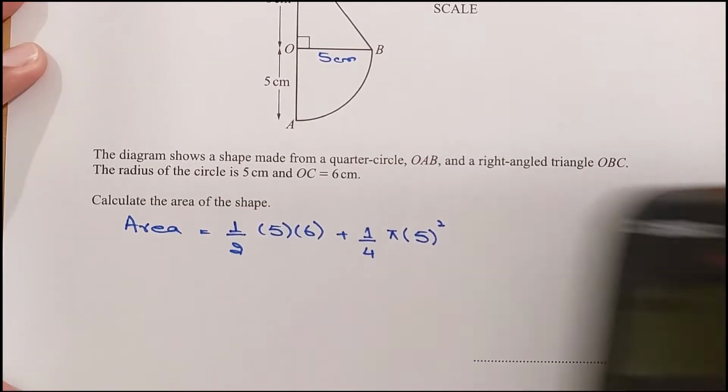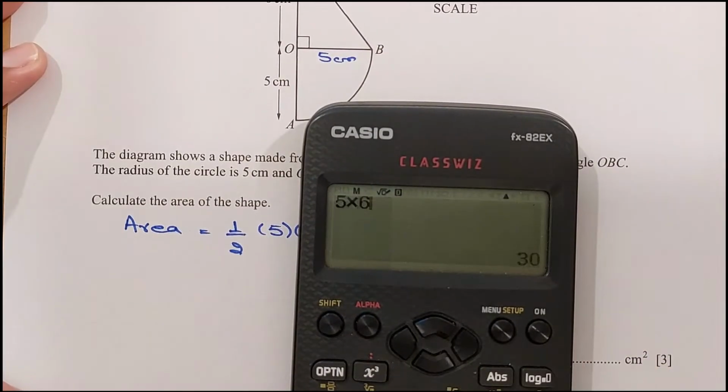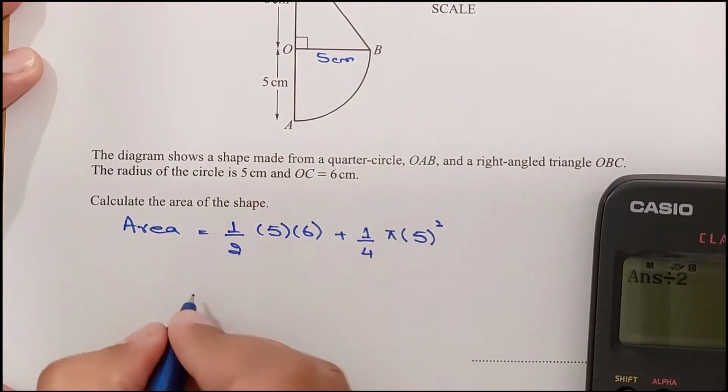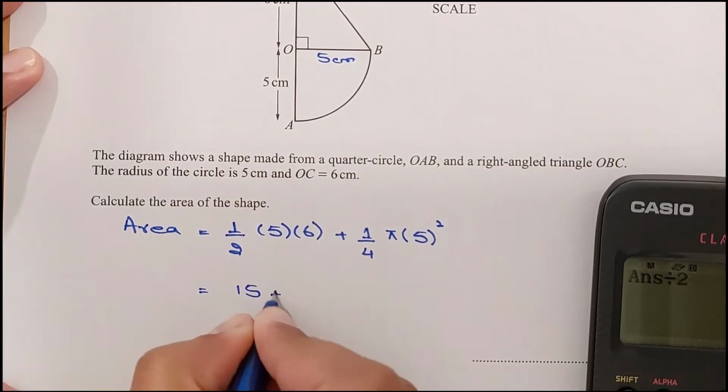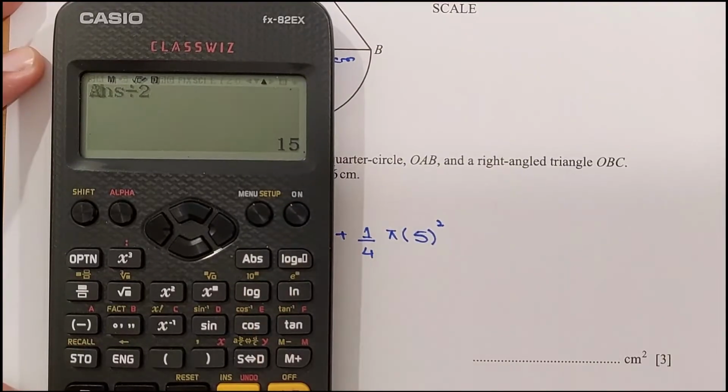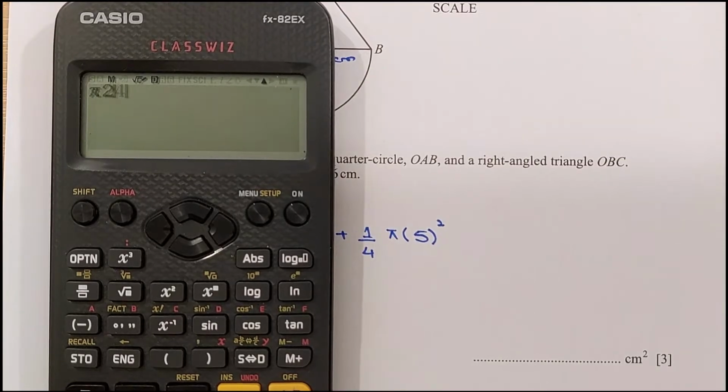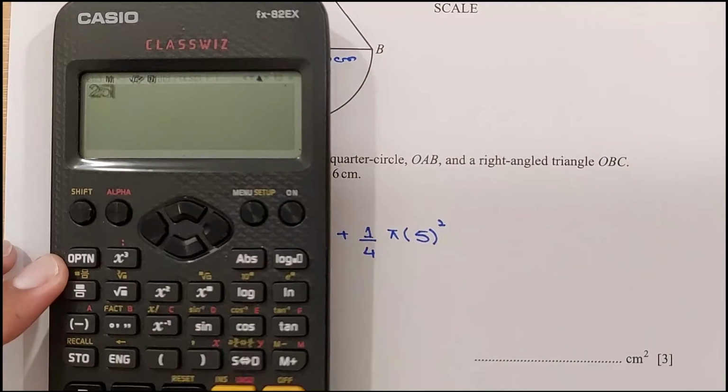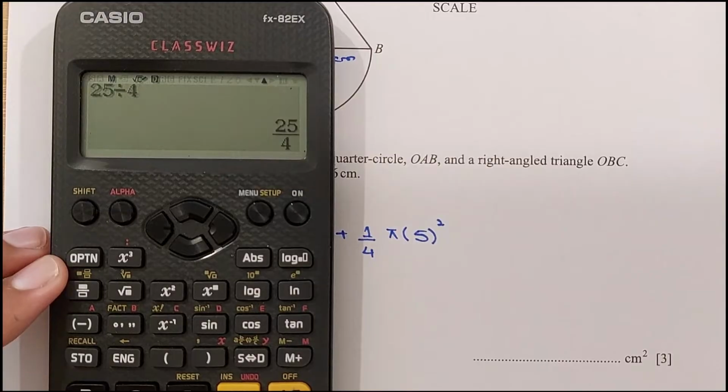Now let me simplify this. 5 times 6 divided by 2 is 15. Plus 5 squared is 25, divided by 4 and times pi. 25 divided by 4, right, and times 3.14.